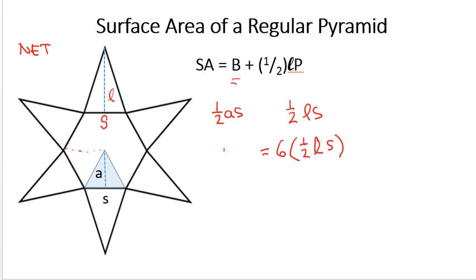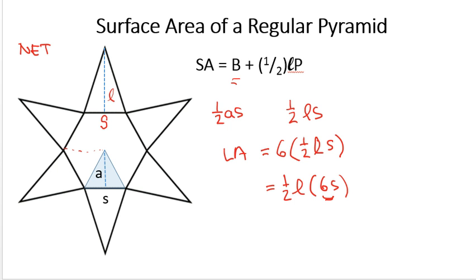This is called the lateral area. The lateral area is 6, in this case because it's a hexagon, times 1/2 L S, which is 1/2 L, the slant height, times 6S. The length of each side is S, and there are 6 sides. So 6S in this case would be the perimeter.